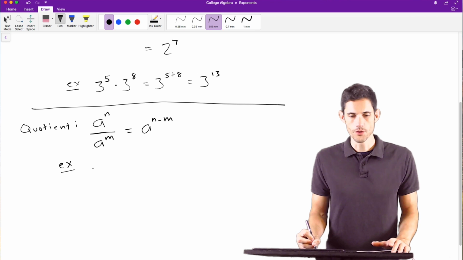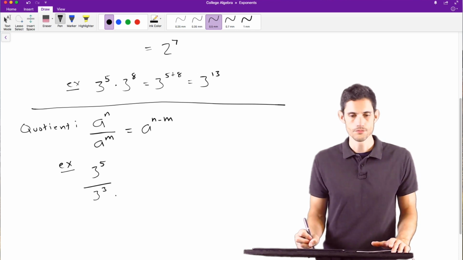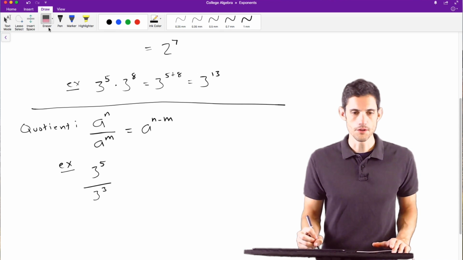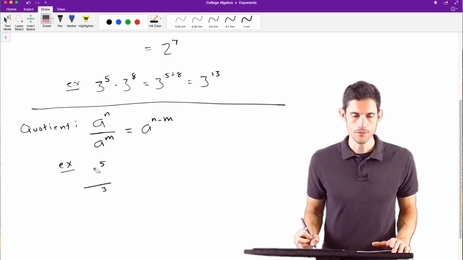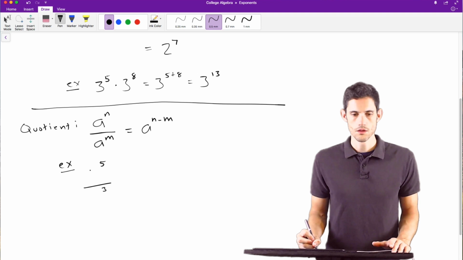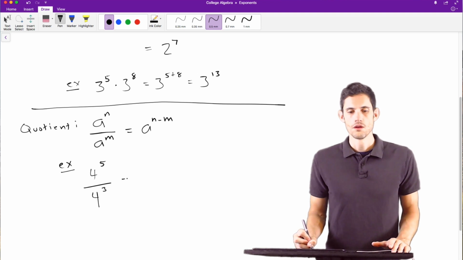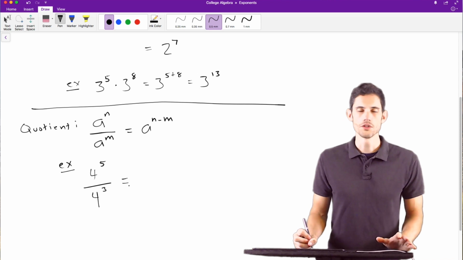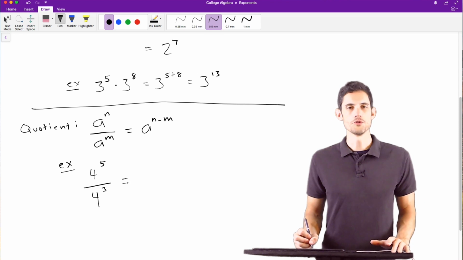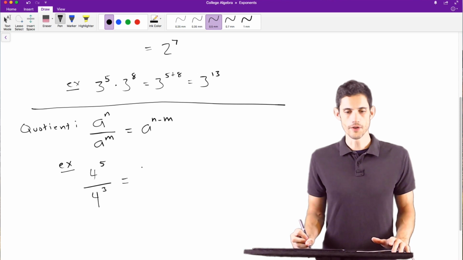So let's say I have 3 to the power 5 divided by 3 to the power 3. I just said let's keep all the numbers different, so let's make that a 4. On the top I have 4 to the power 5, which means 4 is multiplied by itself 5 times, so I'm just going to write that out.